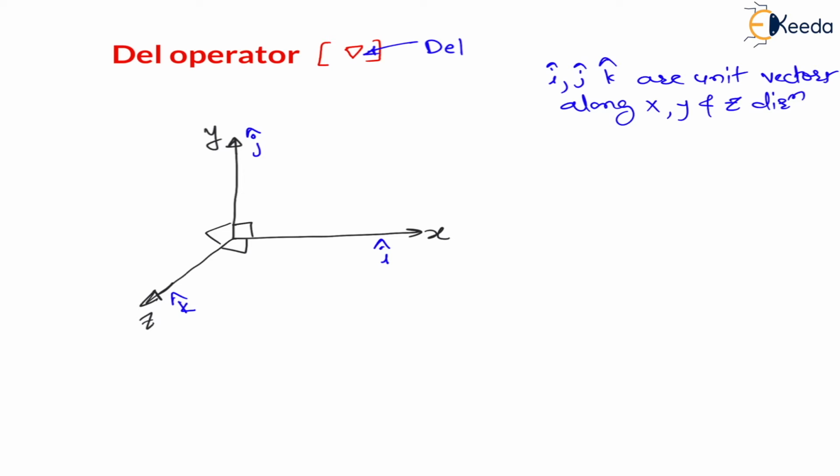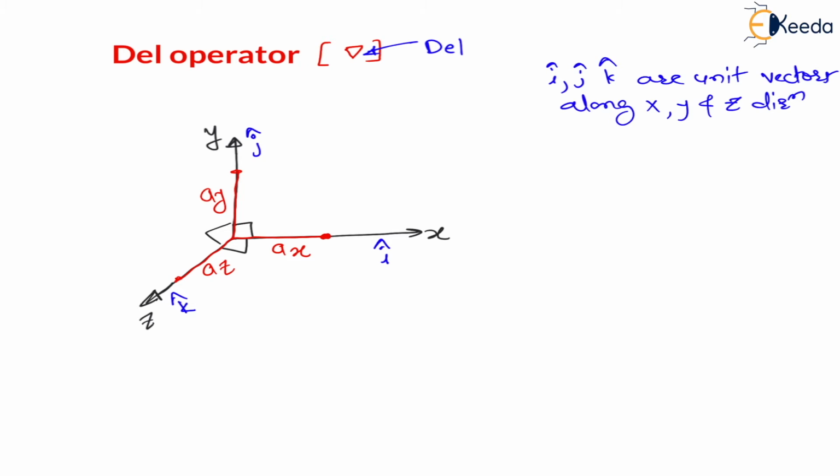z direction, right? Now my dear students, let us say due to some reason you have displaced along the x-axis by an amount ax. At the same time your displacement along the y-axis is by ay, and at the same time your displacement along the z-axis is az, right? ax, ay, az are the actual displacements along the x, y, and z axis.